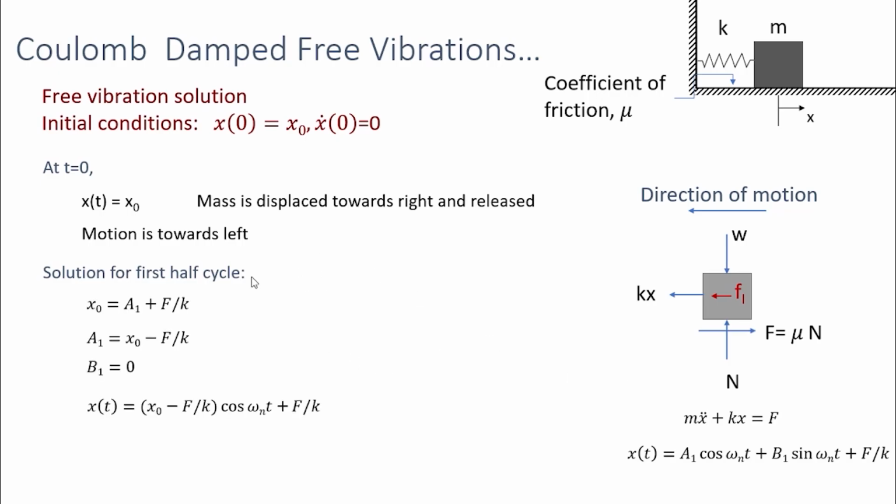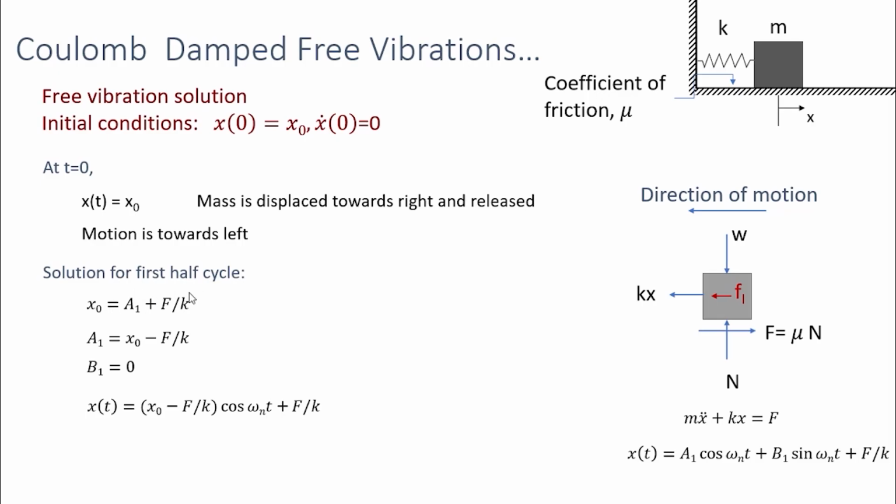If you substitute the value of the initial displacement in this for t is equal to 0, we would get that x naught is equal to A1 plus F by k, since cos omega nt is 1 at t is equal to 0 and sin omega nt becomes 0.